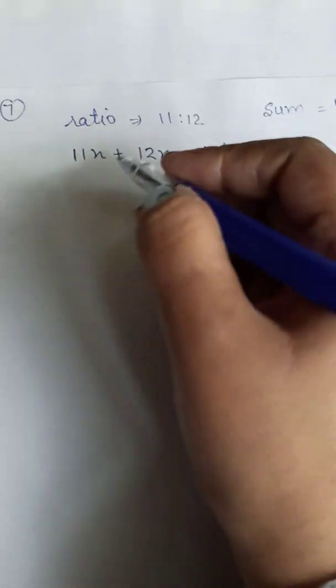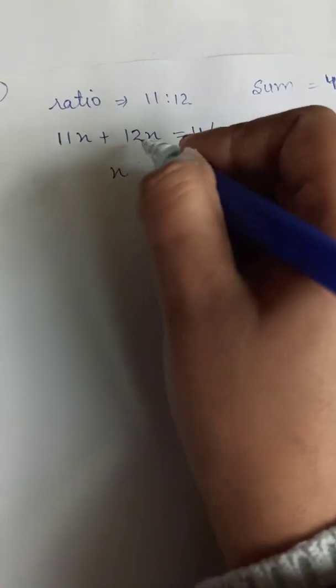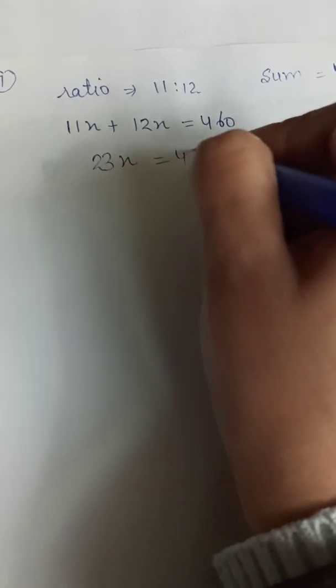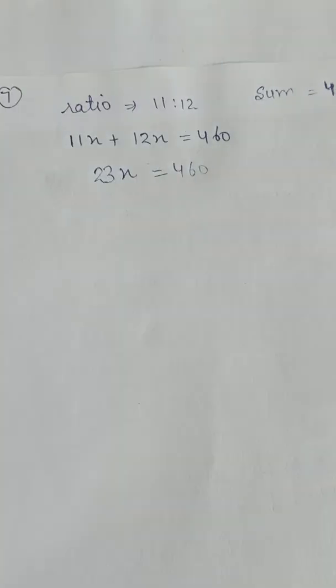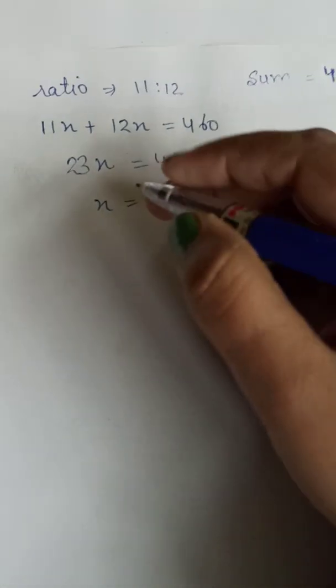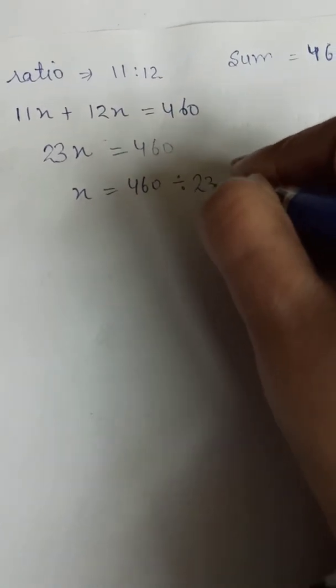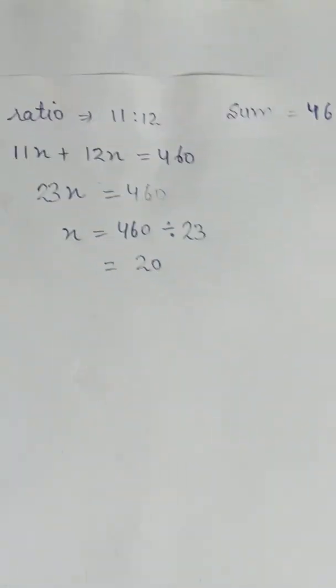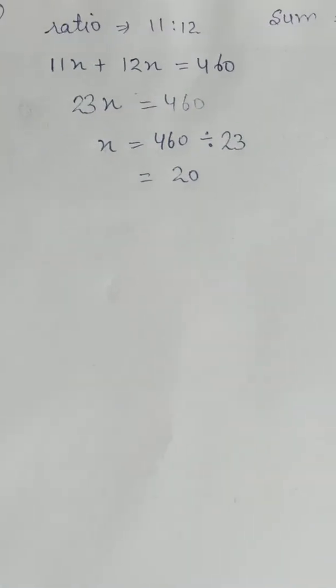By this we find the value of x. 2 plus 1, 3, 23x equals 460. Now x equals 460 divided by 23, that is 20, because 23 2s are 46.